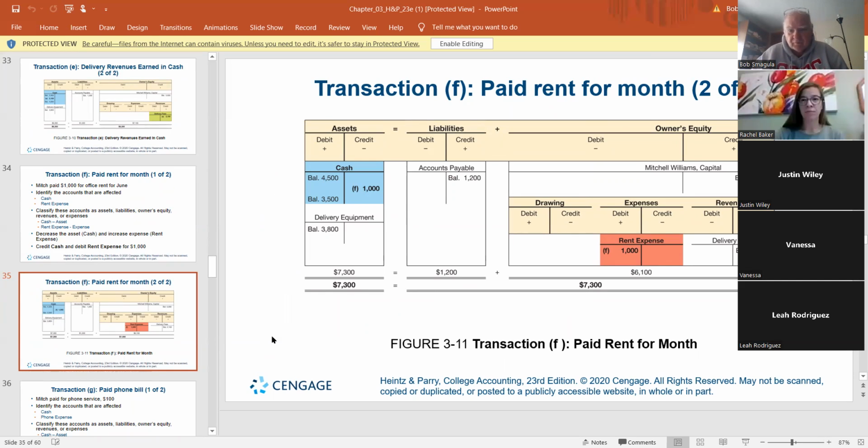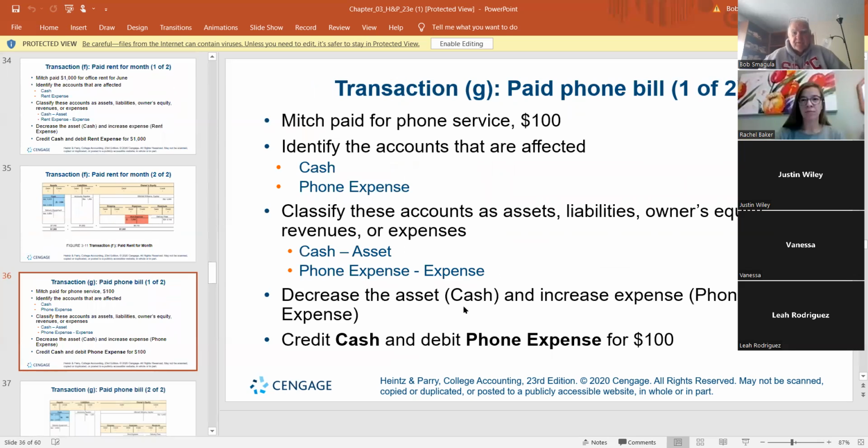Not a hard and fast rule, but that's how people will expect you to speak, okay? So rent expense is $1,000. So that's going to decrease. Look at that. Our equity went down to 6,100. We had 5,000 to begin with, plus these sales of 2,100. That's 7,100 minus the 1,000. And our cash balance is now $7,300. And we still owe the 1,200 in accounts payable.